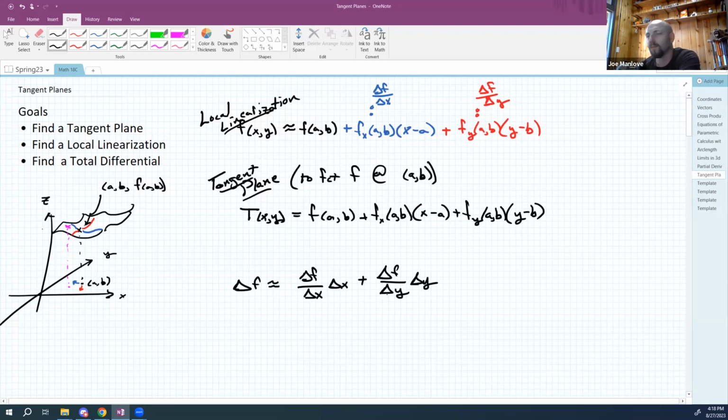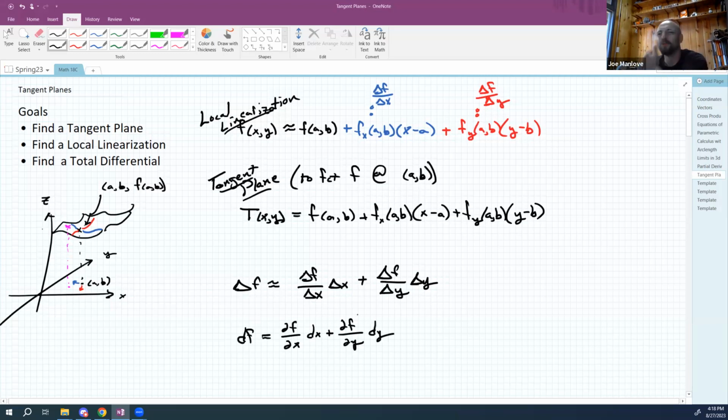This is the start of a linearization. The differential is you saying, okay, these are the changes, but if I talk about instantaneous movement, I'm going to say df is the partial of f with respect to x times dx plus the partial of f with respect to y times dy.